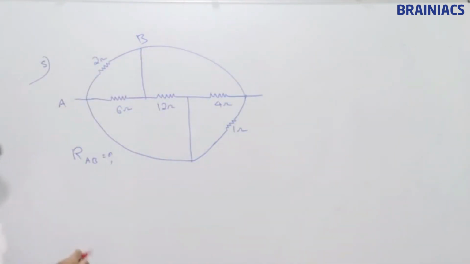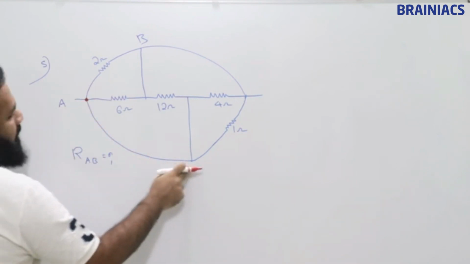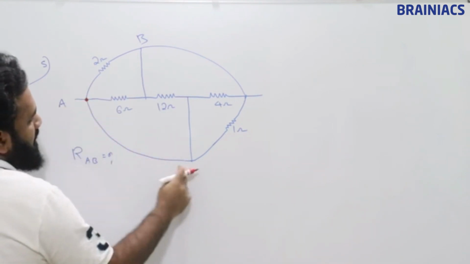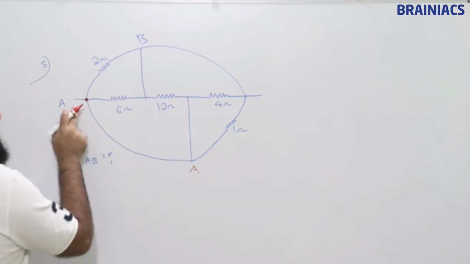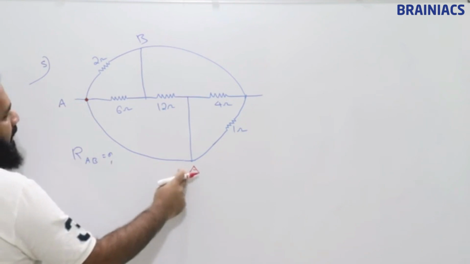Okay. Now again same thing. Now here, this is node A. If we proceed like this, no resistance in between, I can mark here node A. So whatever voltage I get here, the same voltage will be available here.